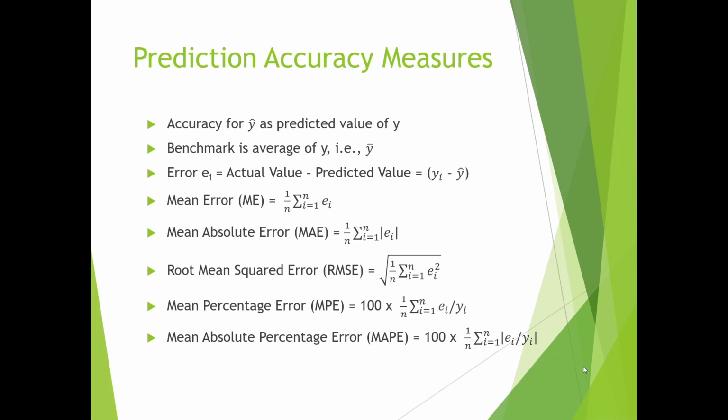You apply the same to the evaluation set, and that will give you accuracy measures from the prediction perspective. But it's pretty much the same thing: mean error, mean absolute error. You must be familiar with all of these error measures. We'll look at an example in Excel in just a second.